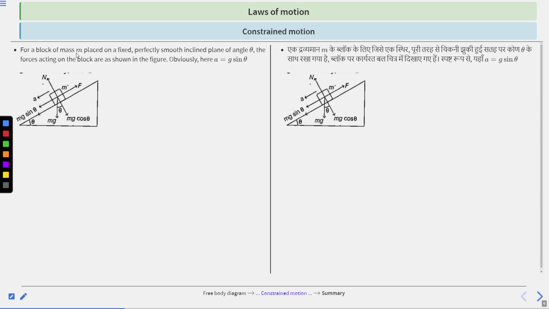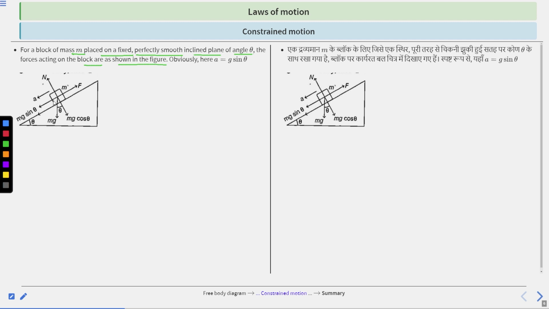Next is, for a block of mass m placed on a fixed, perfectly smooth inclined plane of angle theta, the forces acting on the block are shown in the figure. This is the figure. Here this is a block, mass is m, and the weight is acting vertically downward, which is mg.